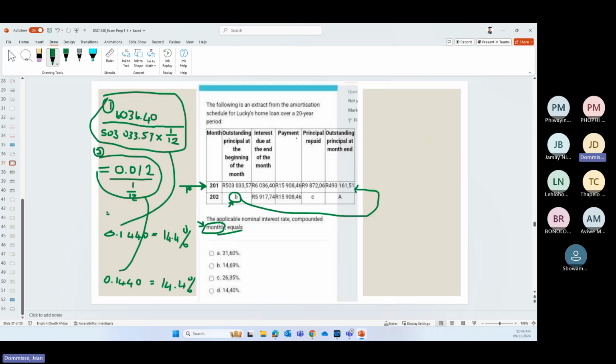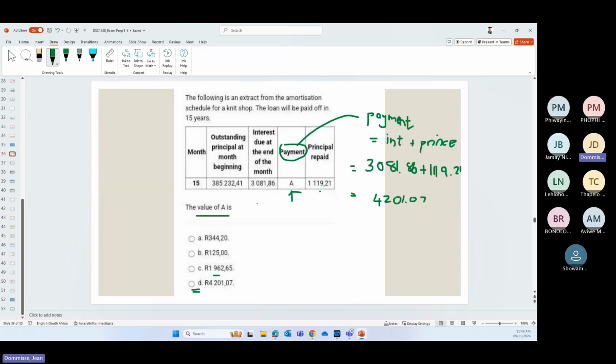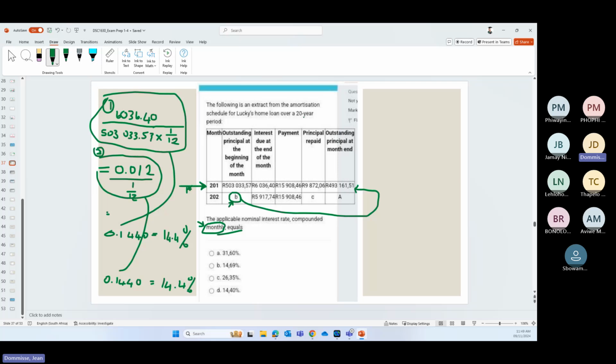It's not there. They told you how long it is, but because you don't have any of the other information, that actually doesn't help you. What they at least give you is that payment component.